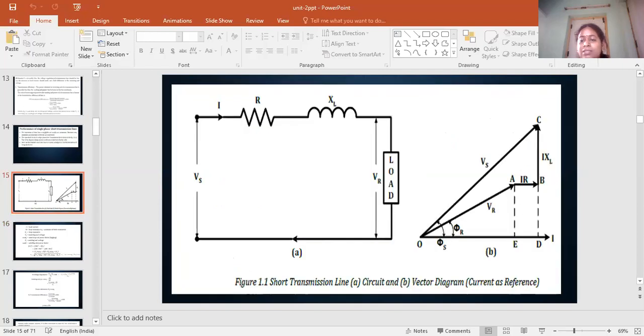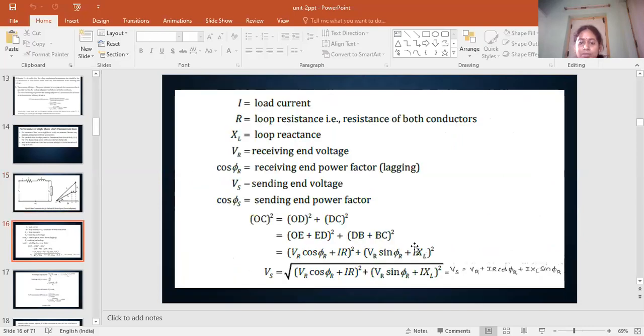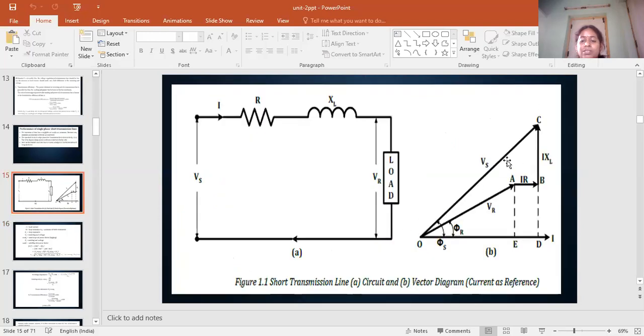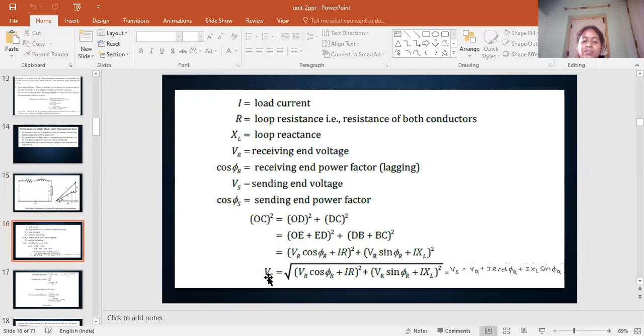BC is nothing but IXL. So substituting the values, we can get the value of Vs in place of OC. OC is the representation of the sending end voltage. So Vs square equals (Vr cos phi r plus IR) whole square plus (Vr sin phi r plus IXL) whole square.